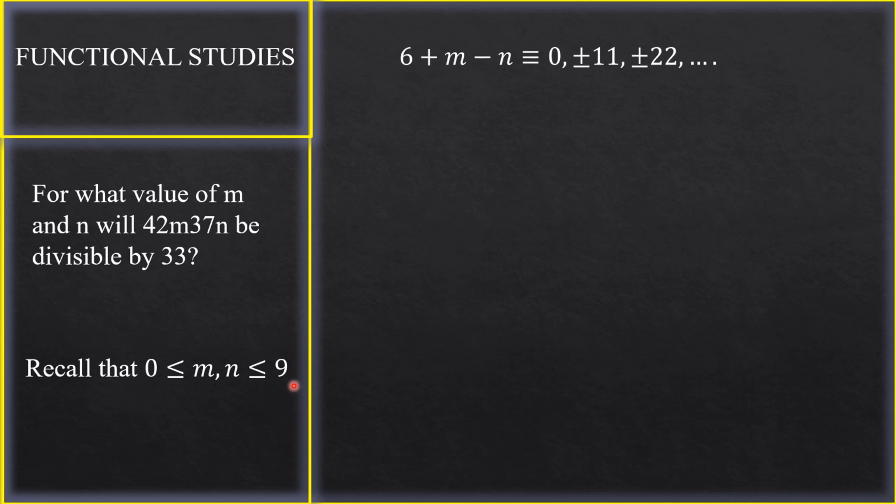The highest positive difference is 9 minus 0. The highest negative difference is 0 minus 9, which is negative 9.